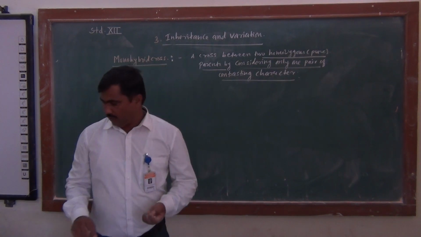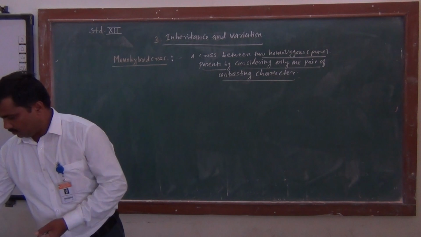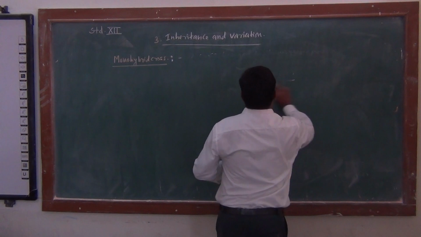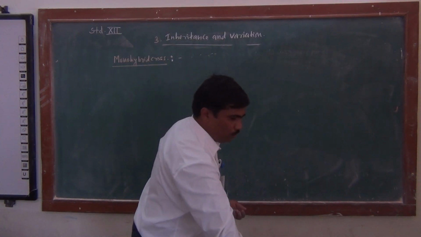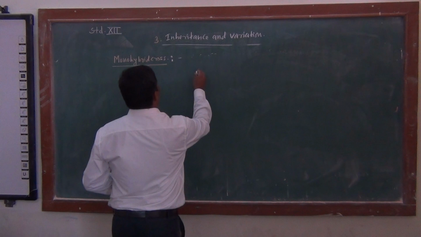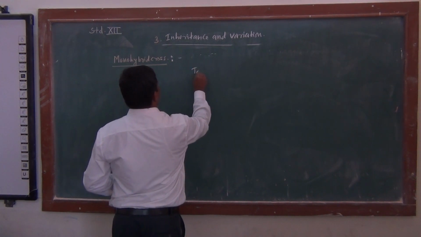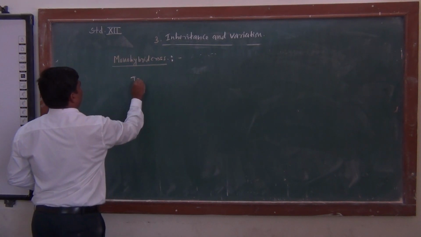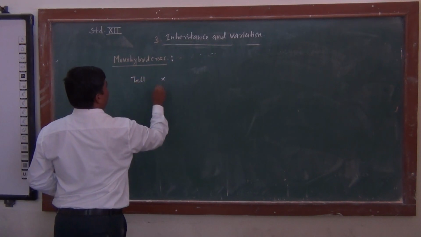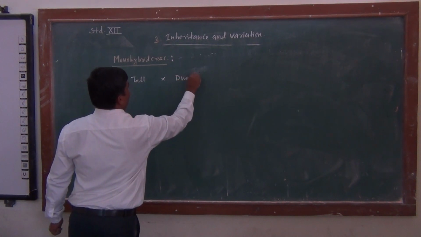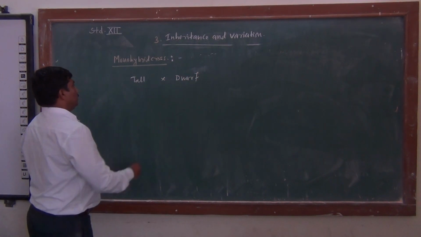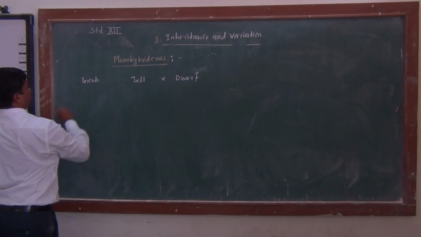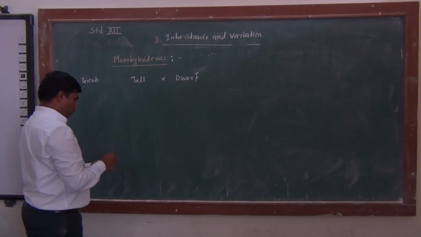Okay, let us take an example. In this cross, we cross the pure homozygous tall pea plant with the dwarf pea plant. So these are the parents, and these are pure homozygous.